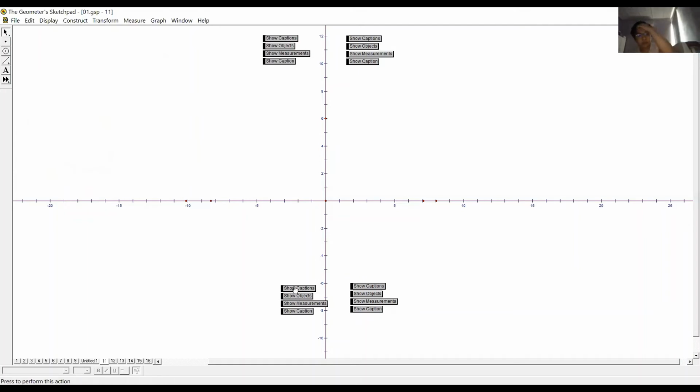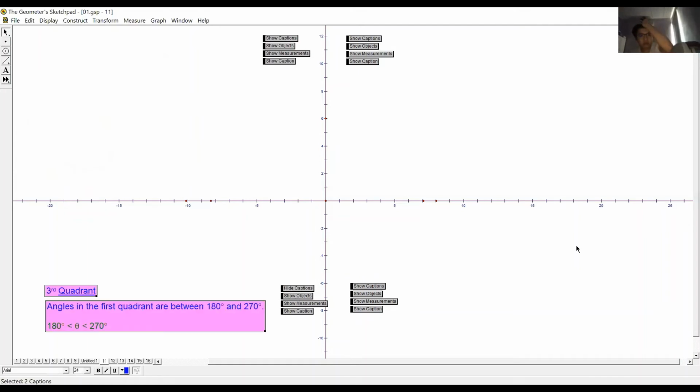Now, let us take one example in the third quadrant. The third quadrant has angles between 180 and 270 degrees. They are measured from the positive x-axis and go anti-clockwise. That is the size of this angle.